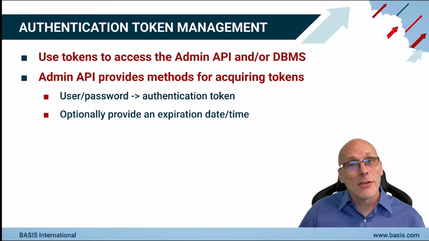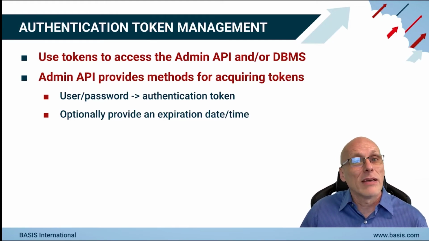Optionally, when you create these tokens, you can provide an expiration date and time. So that's another really cool feature of this, is that you can set a token so that it's only valid for a given period of time. And then after that expiration time, that token will no longer be accepted by BBJ.